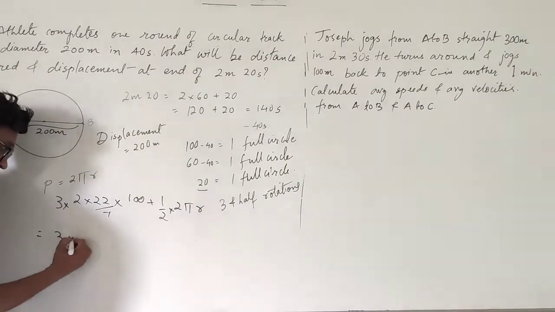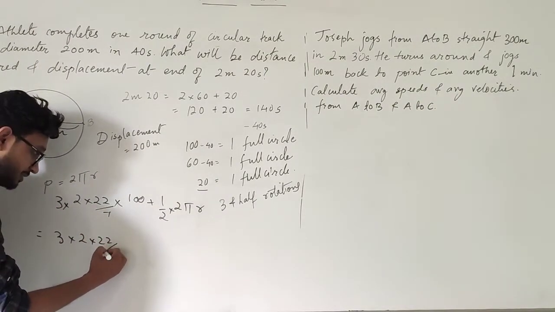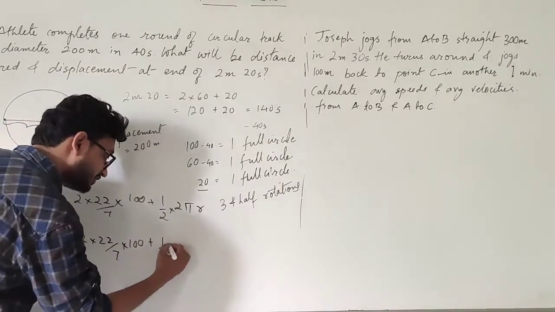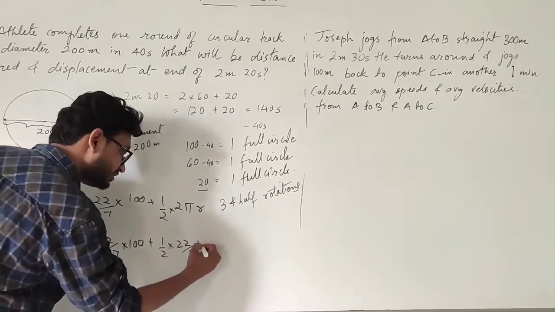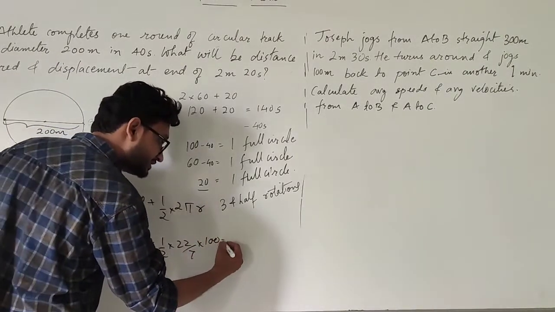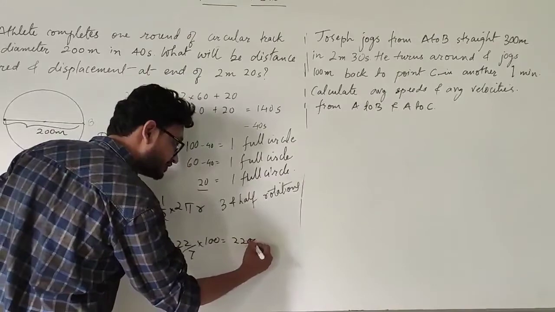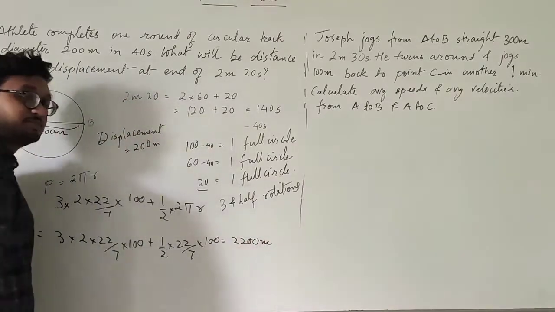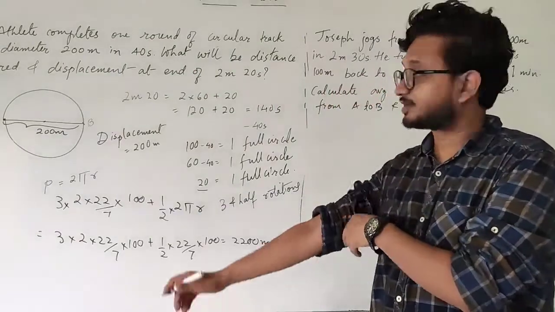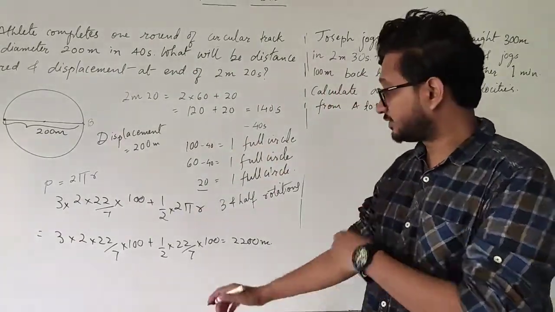This becomes 3 into 2 into 22 by 7 into 100, plus half into 2 into 22 by 7 into 100. Once you solve this, you will get an approximate answer of 2200 meters. How do you do this?